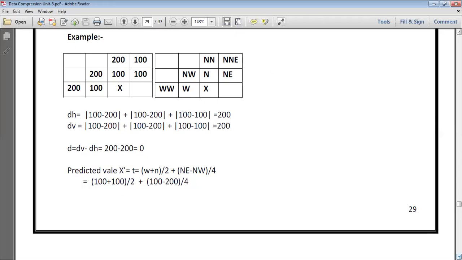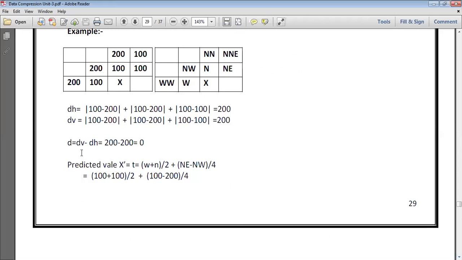So in this case, if dv minus dh is equal to 0, so this value we know lies from 8 to -8. So the coding of x, which is called x cross or x bar or x naught, whichever you term, depends on you.